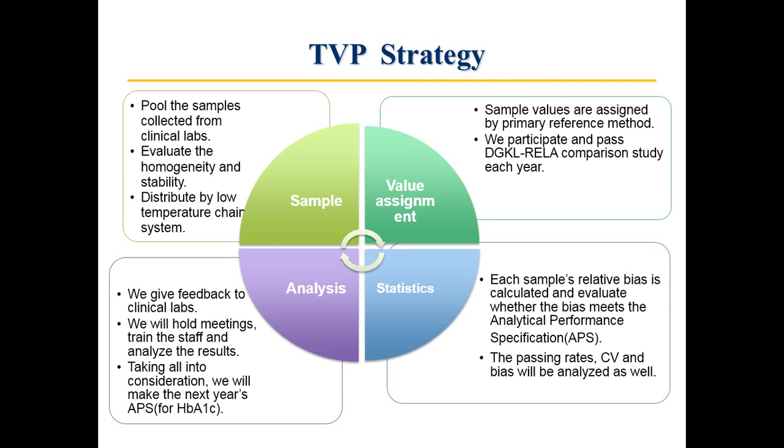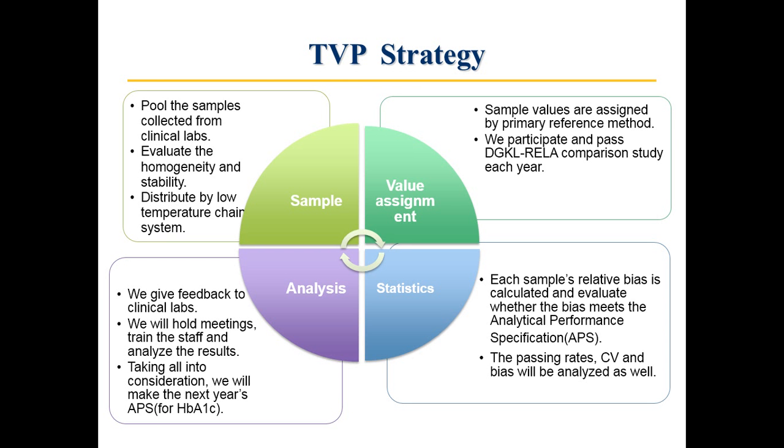This is the TVP workflow graph that we have used since 2012. Pool the samples collected from clinical labs, evaluate the homogeneity and stability, and distribute by low temperature chain system. Sample values assigned by reference method. We participate and pass RELA comparison study each year.